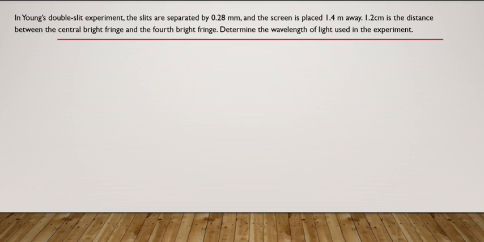Students, here we have, in Young's double slit experiment, the slits separated by 0.28 millimeters. That is, the value of small d is equal to 0.28 millimeter. Students, we need to convert it into meter because the unit of length is meter. So we can write it as 0.28 into 10 to the power minus 3 meter. Clear?